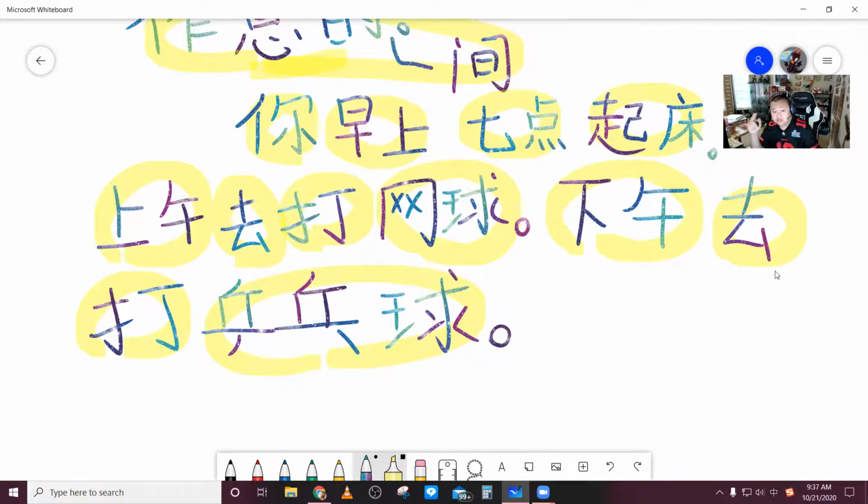You don't have to write 网球 or 乒乓球 if you can remember the other sporting activities. Like 踢足球 would be a pretty good one to write if you really want to play soccer. Don't write characters that are just too difficult.